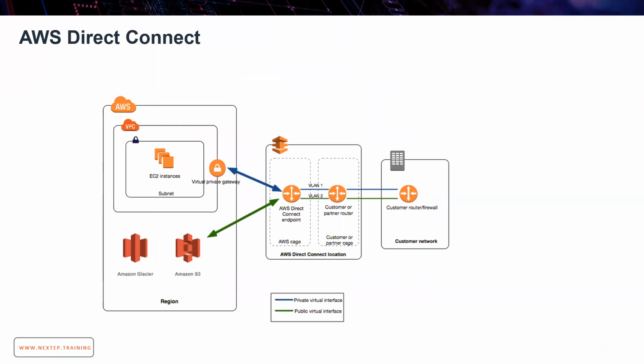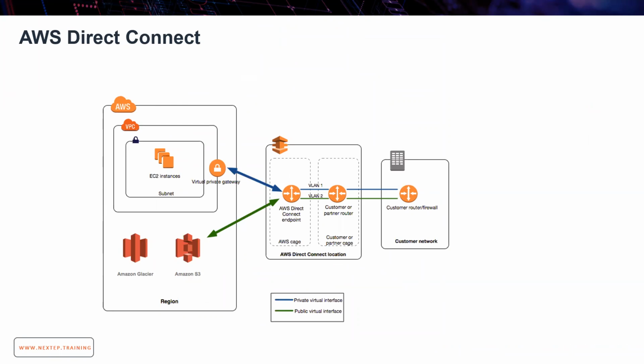So between two data centers, let's say you have your own data center. This is Amazon, one region. You have your VPC and all, and this is your network, your own data center. So how can I establish connectivity from my data center into the AWS cloud? There are two ways you can achieve it.